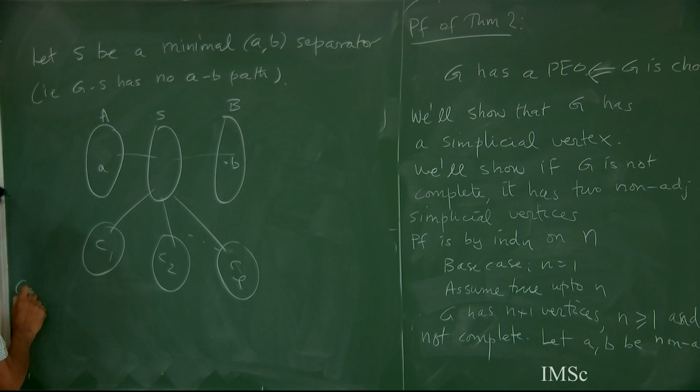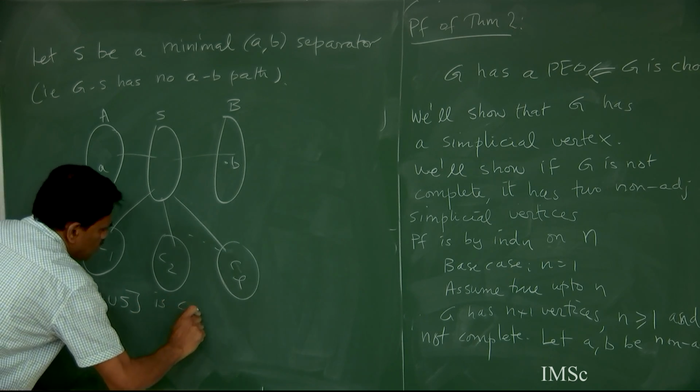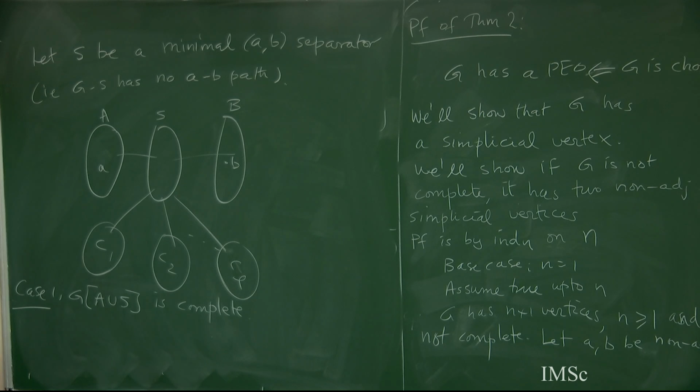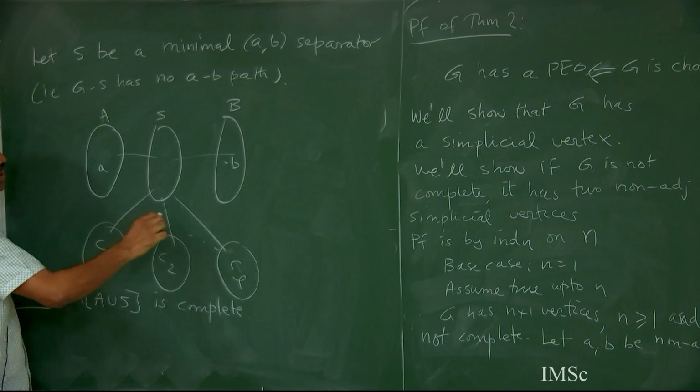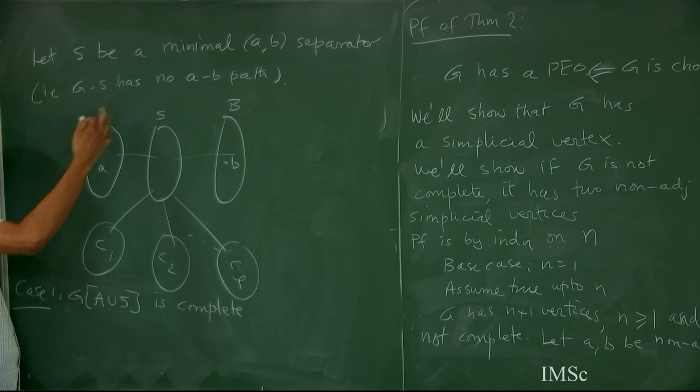So case 1: the induced subgraph on A union S is complete. If this graph is complete, then every vertex is simplicial in this graph.